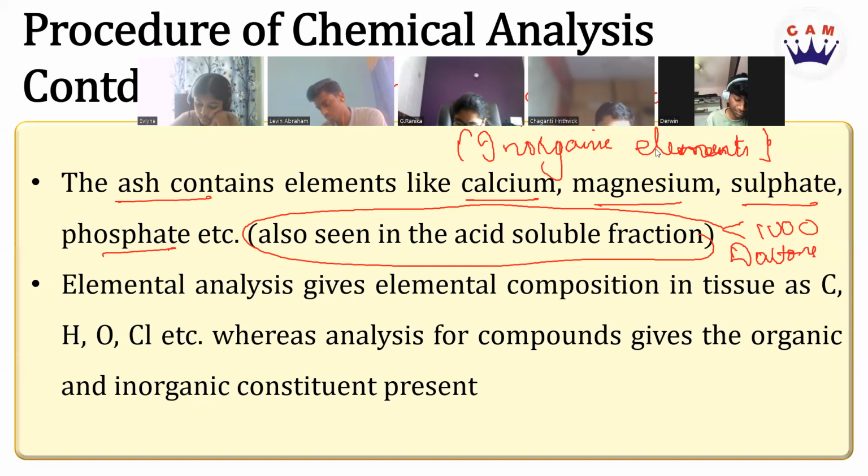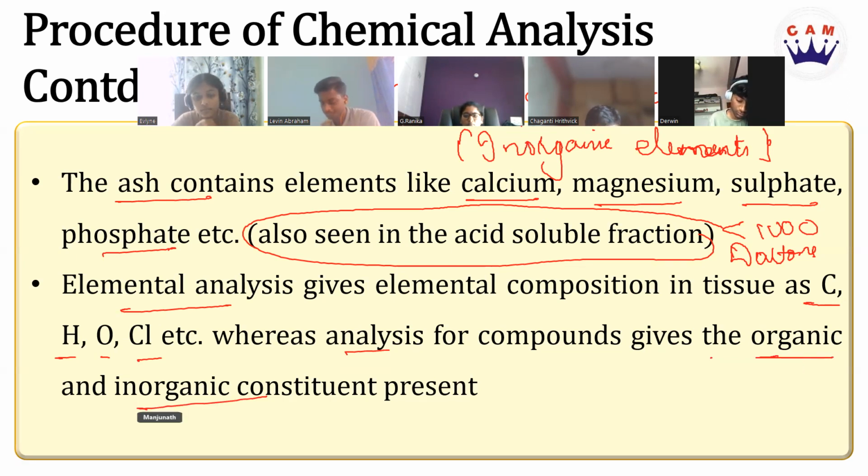And if you do the analysis of the ash, you also find elements such as carbon, hydrogen, oxygen. Analysis for compounds gives the organic and inorganic constituents present in the ash.